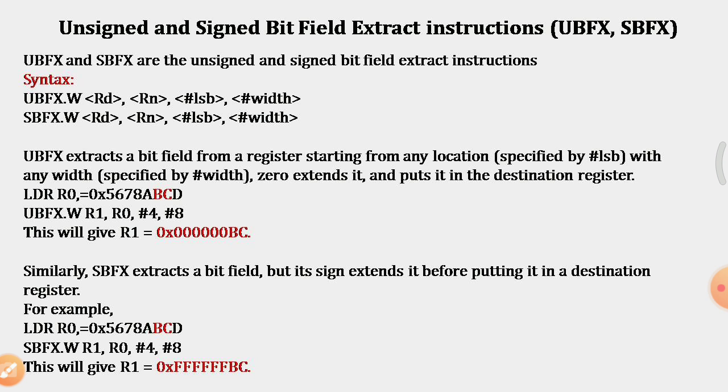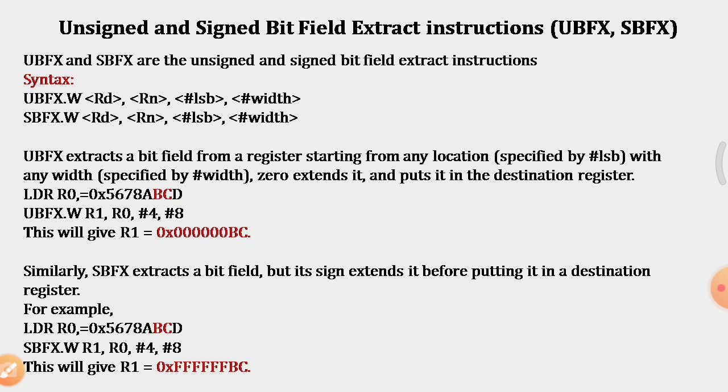So here the value of R0, starting from the 4th bit with the width of 8 bits, that is starting from the 4th bit, is C. C is 4 bits and B is 4 bits. 4 plus 4, 8 bits. The width is going to be 8 bits. So these values B and C are going to be written into R1, and the rest of the bits are extended to 0.